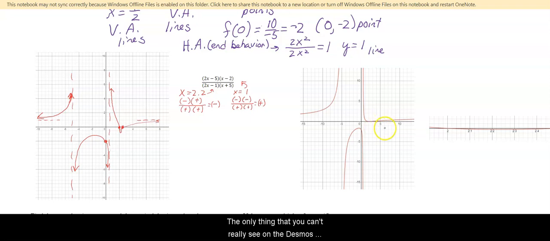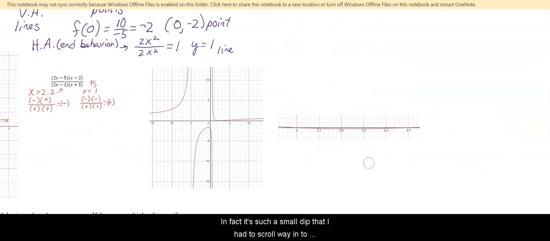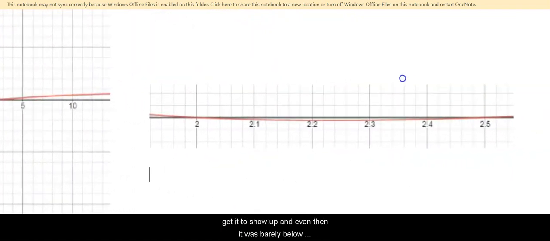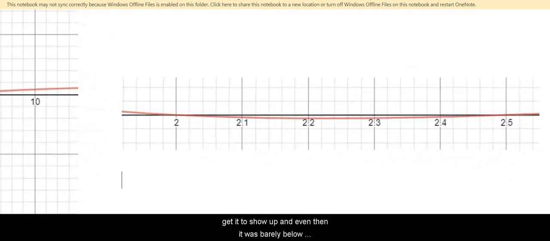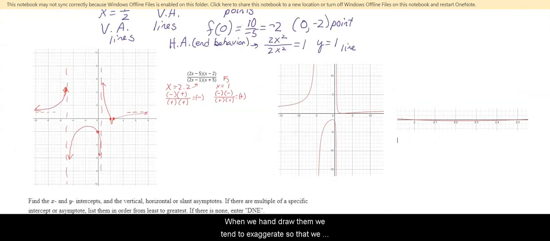The only thing that you can't really see on the Desmos picture is the detail where it dips below the line. In fact, it's such a small dip that I had to scroll way in to get it to show up. And even then, it was barely below, really a small amount. When we hand draw them, we tend to exaggerate so that we can see what's going on in that region.